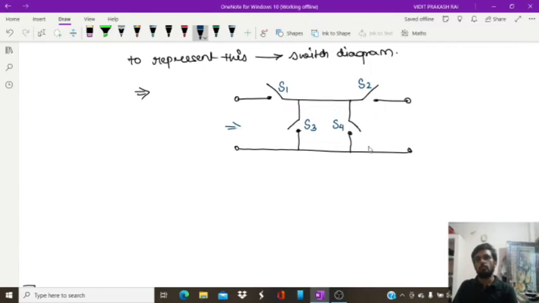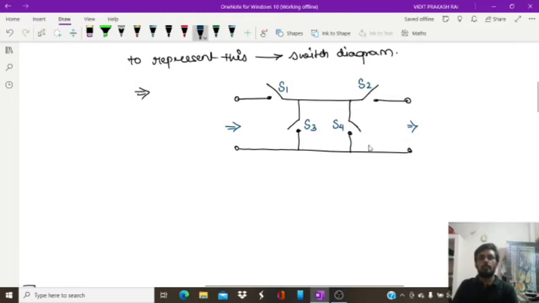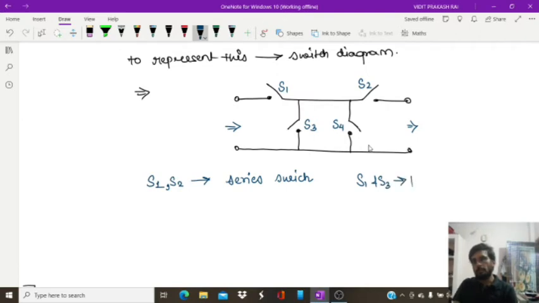Now in this diagram, S1 and S2, these two switches are called series switches. S1 and S3 are called primary switches.